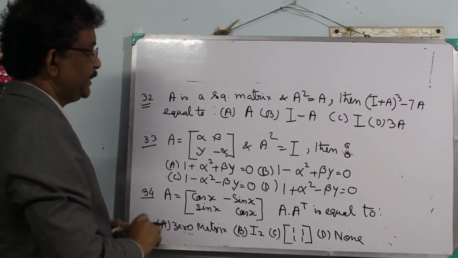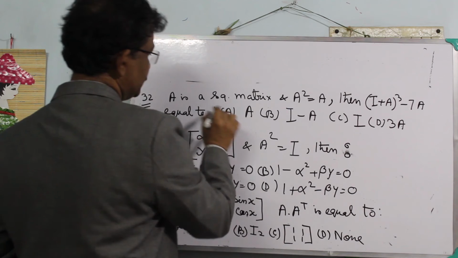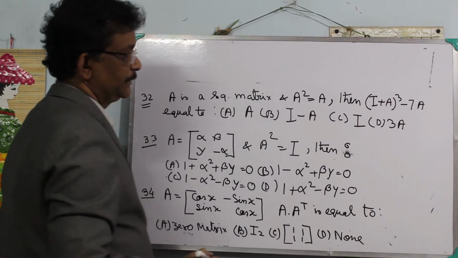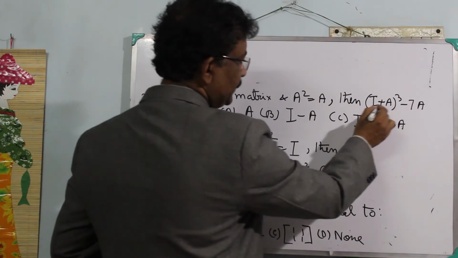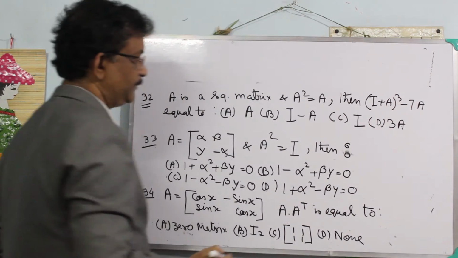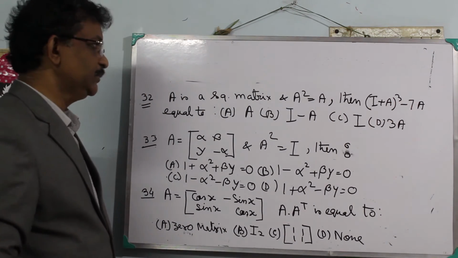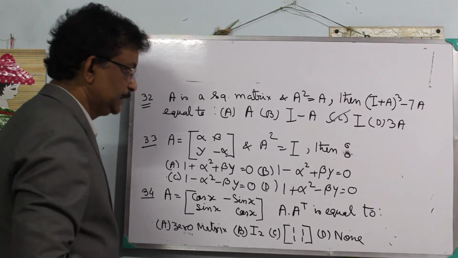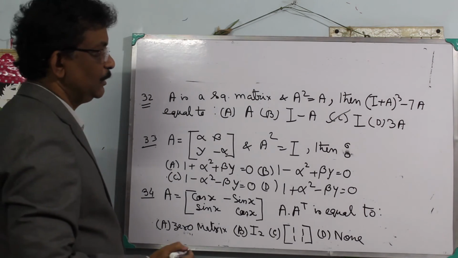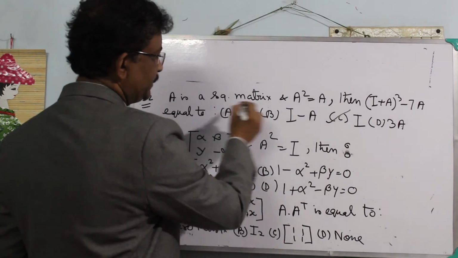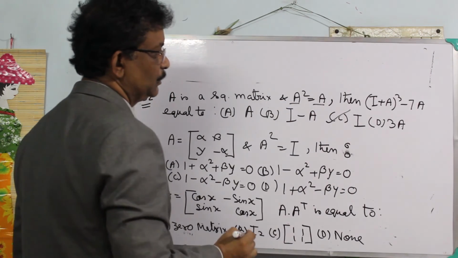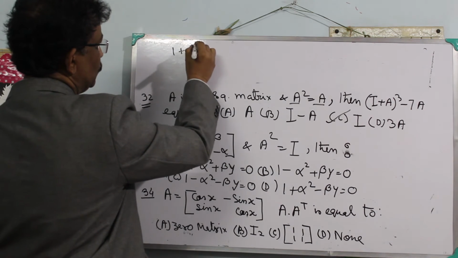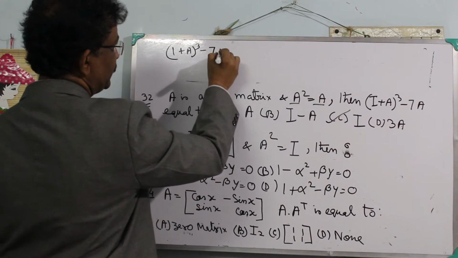If A is a square matrix, A square is equal to A, then (A plus I) whole cube minus 7A is equal to what? You may try. The correct answer is C, I. So let's solve. Given it is a square matrix and A square equal to A, so (A plus I) whole cube minus 7A.